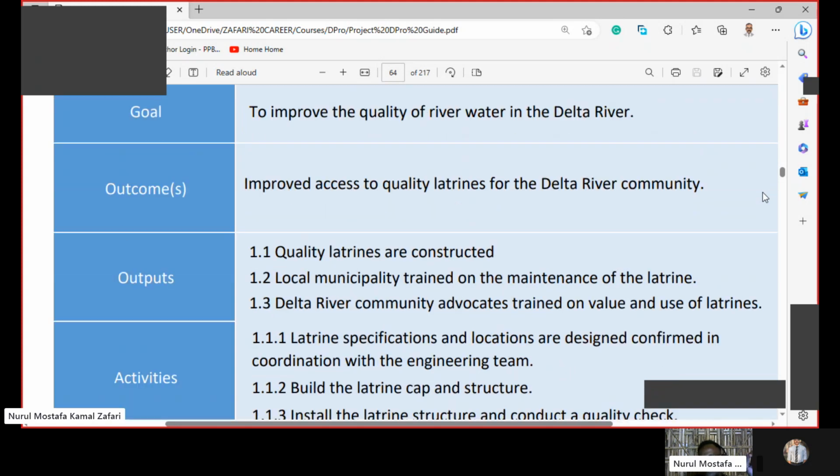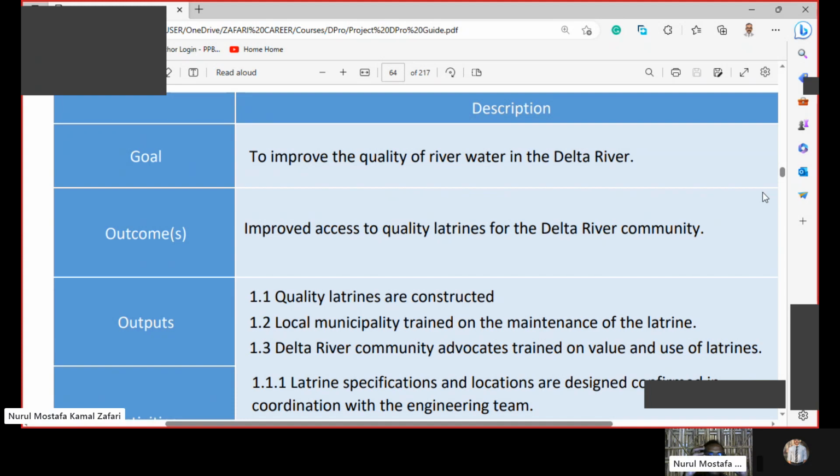Now, as the outcome is achieved, it means the goal is achieved, to improve the quality of river water in the Delta River.